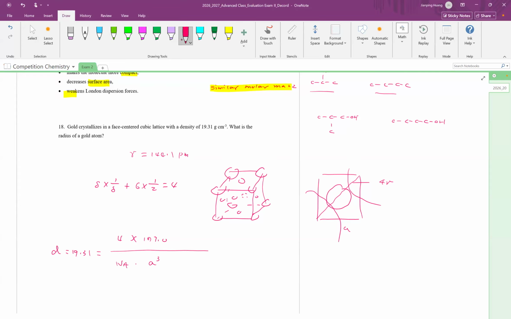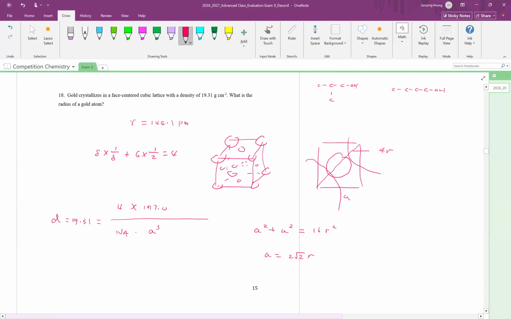Now find the relationship: A squared equals 16R squared, so A equals 2 square root 2 R. Then you calculate. So this one, let's do that. 4 times 197, 6.022 times 10 to the 23, times (2 root 2 R) cubed. Oh, because R, you get a centimeter. Got it?